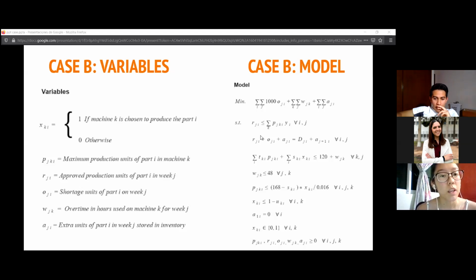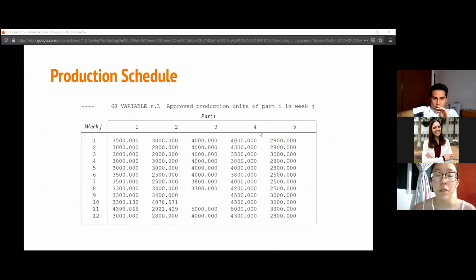This variable can also be seen in the second constraint, where the addition of the production plus the shortage units plus the inventory must meet the demand. If this addition is greater than the demand, then the excess units will be stored for inventory of the next week, which is A(j+1).